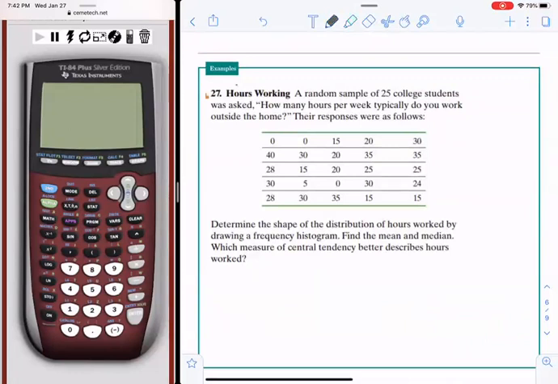We are going to use a class width of 12. In other words, the classes would be 0 to 12, 12 to 24, 24 to 36, 36 to 48, and that is going to capture the maximum class.